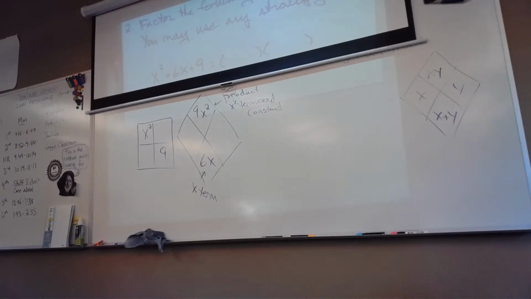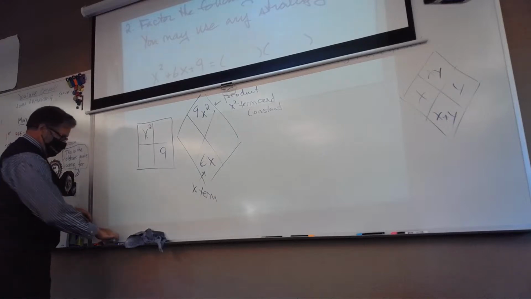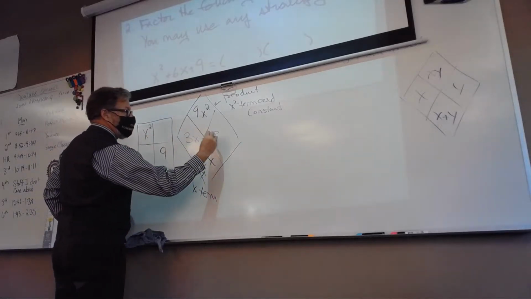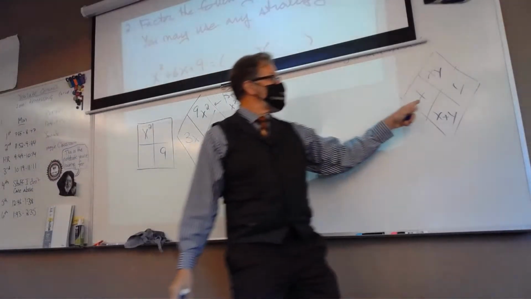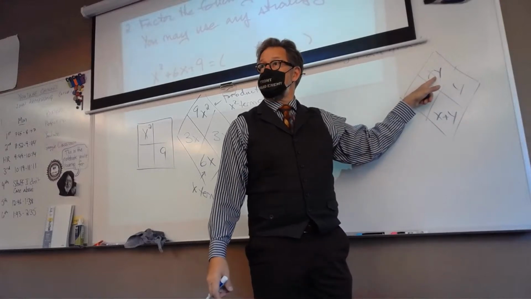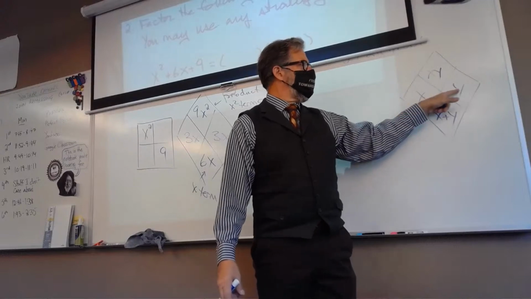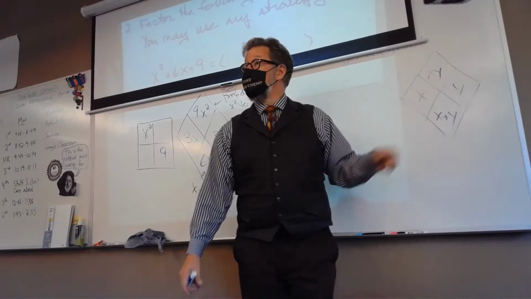If you're not losing your train of thought, what comes next? What adds to 6 and multiplies to 9? 3x on the other side of the diamond. Remember, x times y, and x plus y.